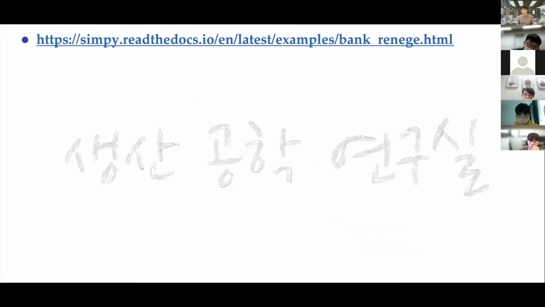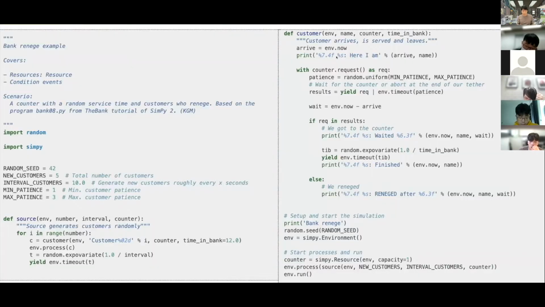And this example can be referenced at this address. Let's see the code before the execution in PyCharm. This is the whole code, and the name is bank renege.